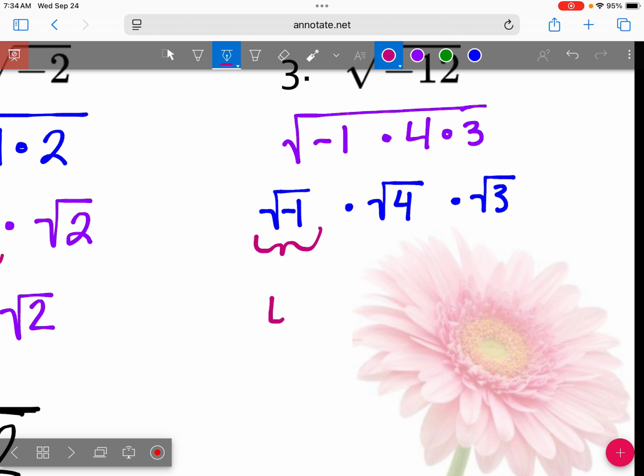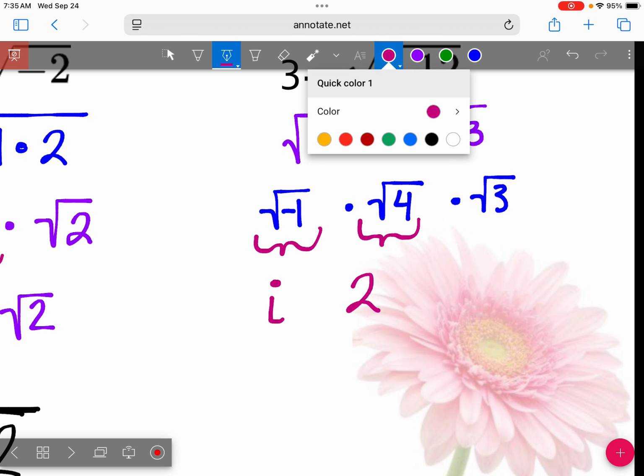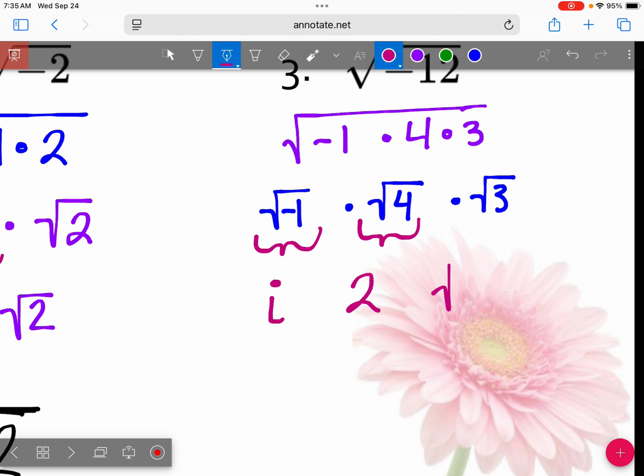That's our I. The square root of 4 is what? 2. And what about square root of 3? Can we simplify that? Nah. So all of our pieces are I times 2 times the square root of 3. That's all of our simplified pieces here.